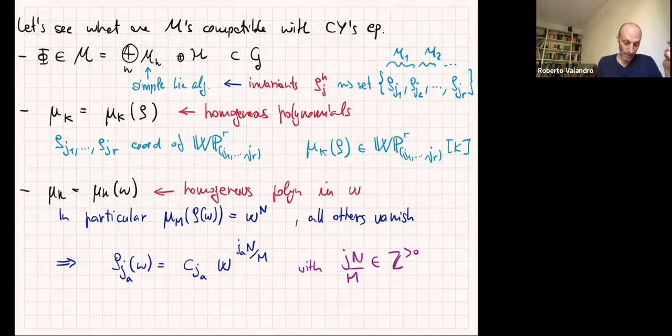The degree of this non-zero mu we call M. This tells us the form of rho in terms of W. In principle you could have a non-holomorphic rho, but since we want a holomorphic phi, the rho must be a holomorphic function of W. And this already imposes some constraint on the degree of this partial Casimir.